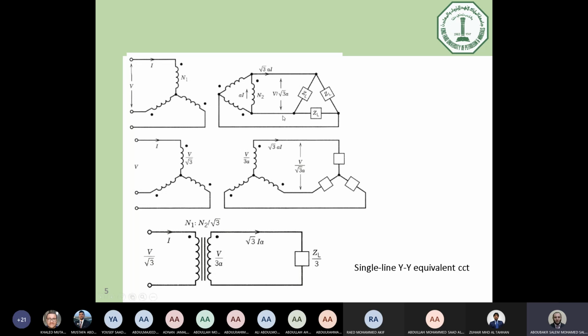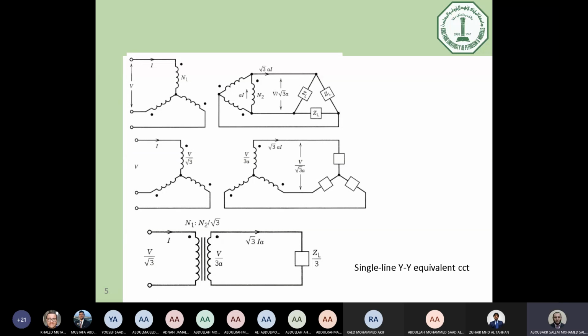So the voltage here will be the same, and virtually this connection will be converted to star, which means the phase volt of the virtual star equals V line over square root of 3. So this is going to make the voltage here equal V over 3a.